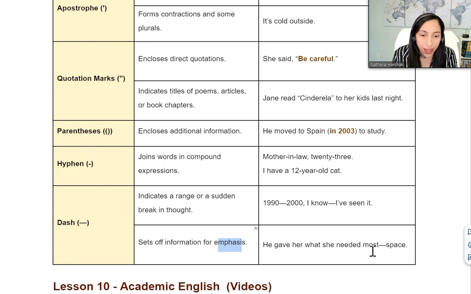Space, okay? So the sentence here is incomplete, right? And I want to know what this person gave her. He gave her what she needed most. Pause. What? Space. Okay?